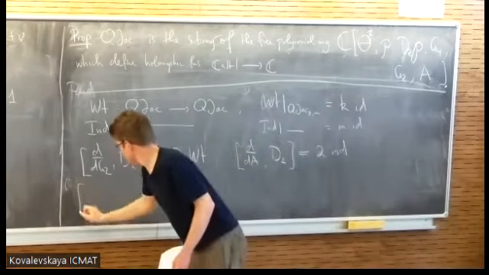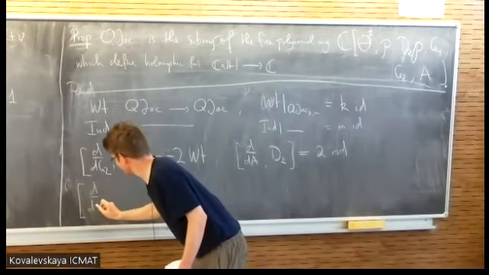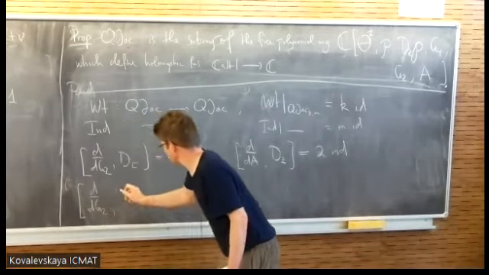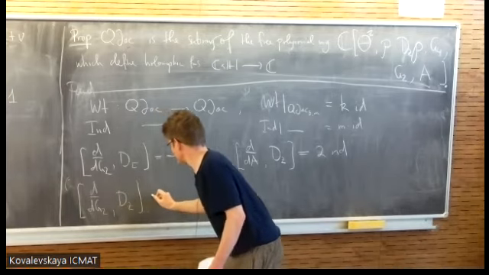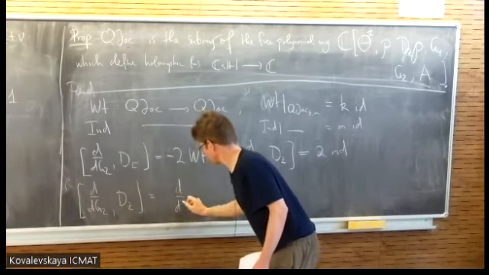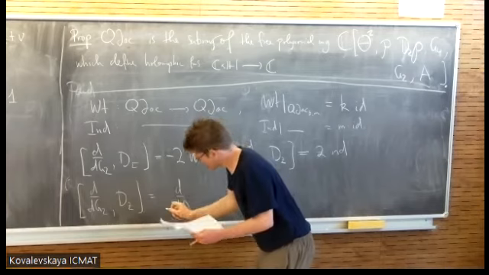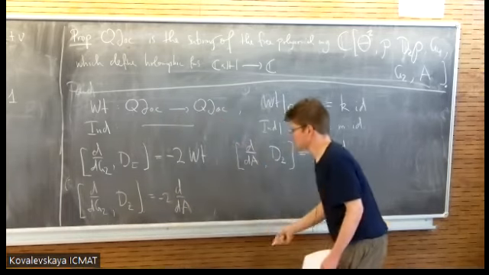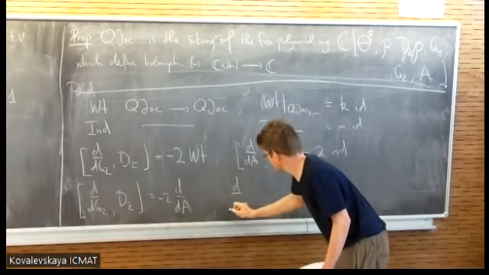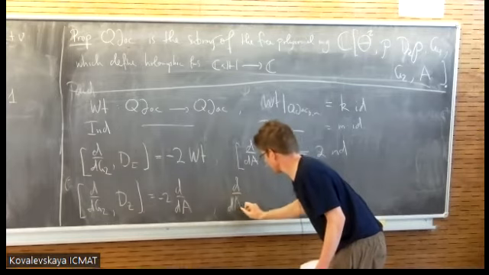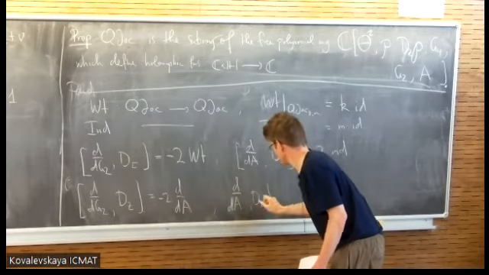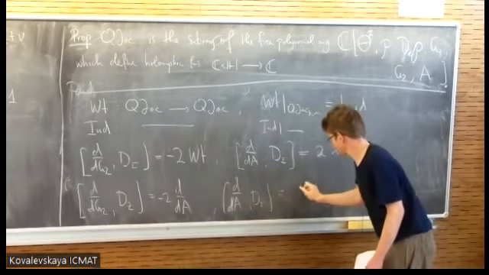And the interesting thing is what happens if you take d over dG2 with respect to dz: you just get d over dA, and there's also a factor of -2. And then, not surprisingly, if you have d over dA and d tau, this just gives you some multiple.